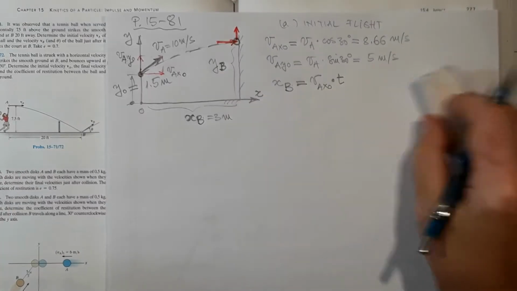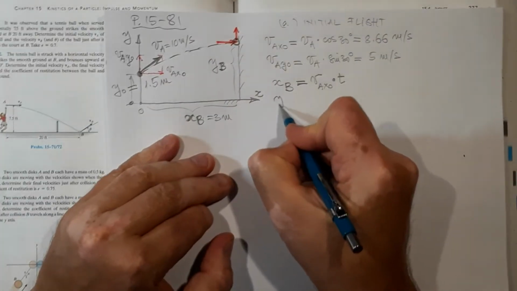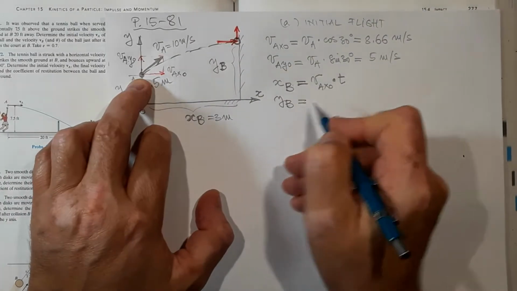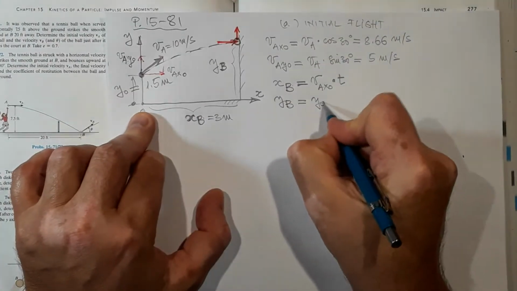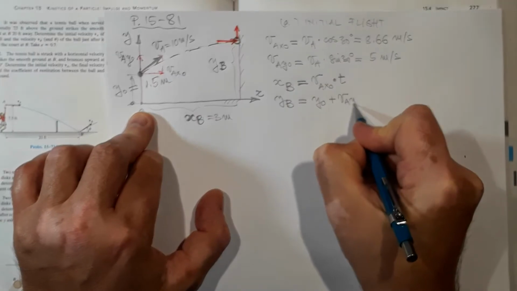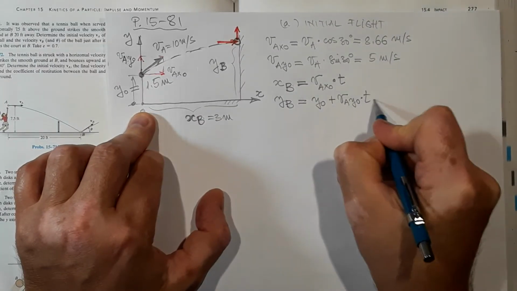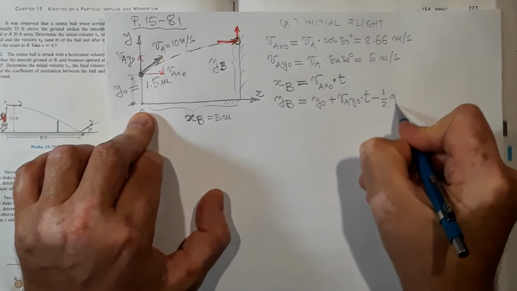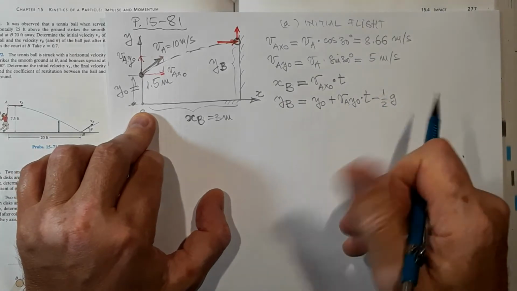So y of b is going to be initial y0 plus velocity of A in the y direction, 0, times t minus 1/2 g t squared.